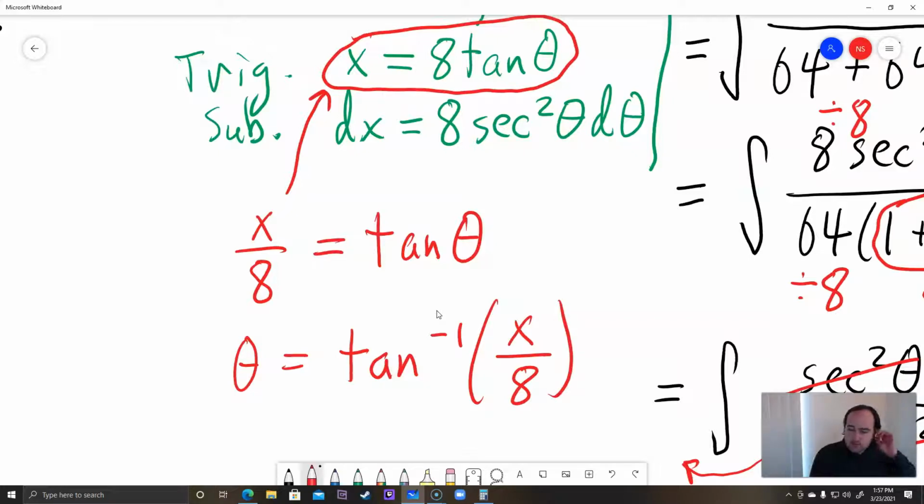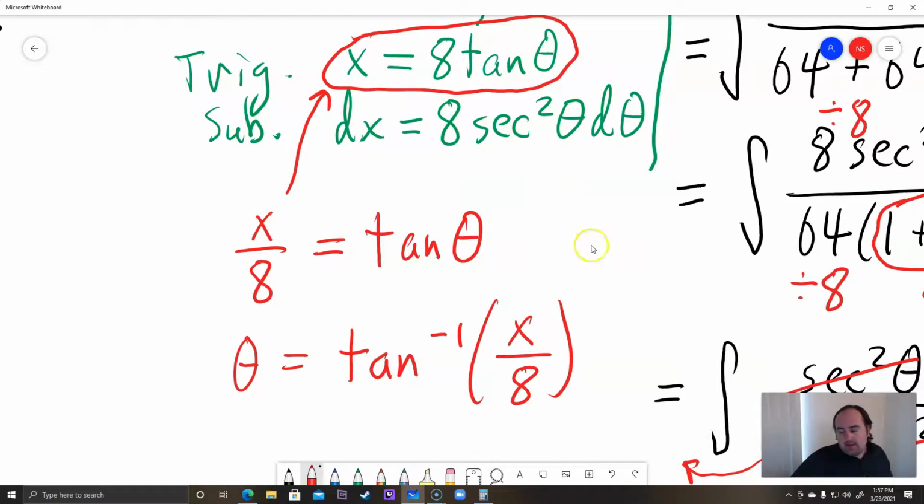And this isn't the only way you can find theta. You could also draw a right triangle and then do sine inverse or cosine inverse using the right triangle. But I feel like this is the easiest way to do this one because we still haven't had to draw a right triangle. Notice for this one, I didn't even bother to draw a right triangle.